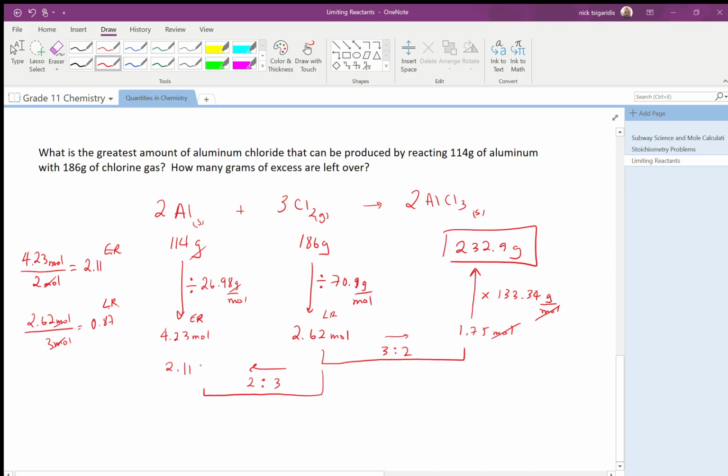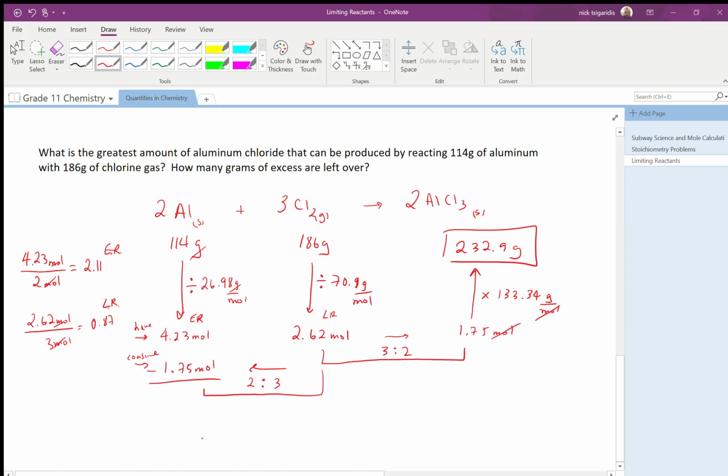That will consume 2.11 moles of aluminum, pardon me, I wrote down the wrong number here. It's not 2.11. The number is 1.75 moles. So I have 4.23 and I consume 1.75.